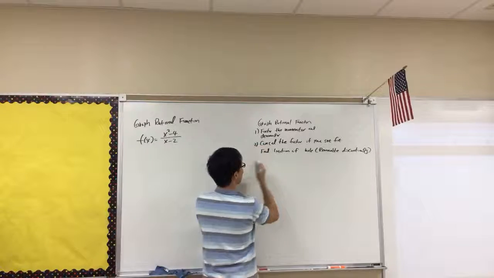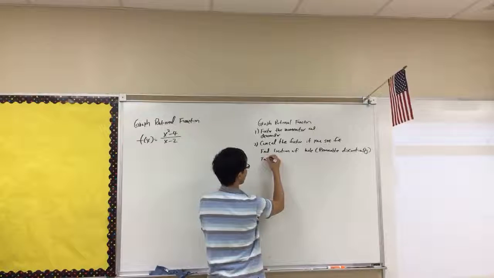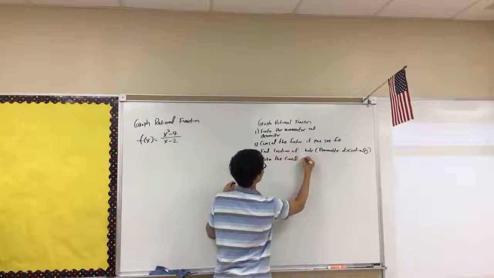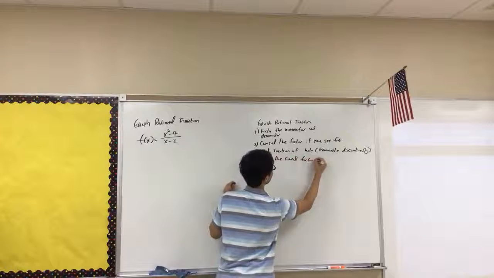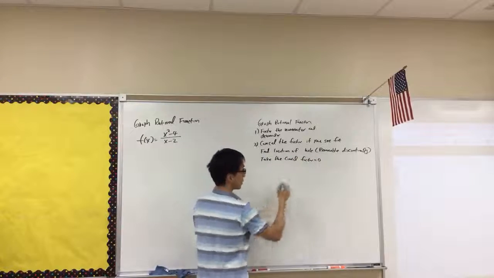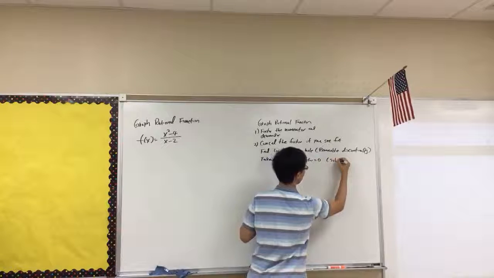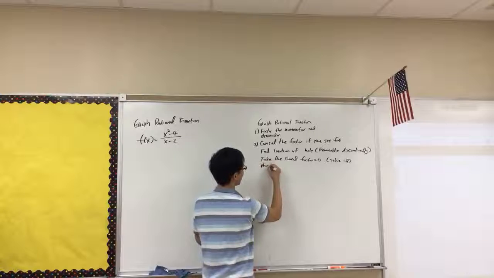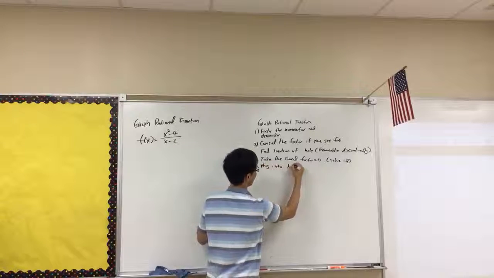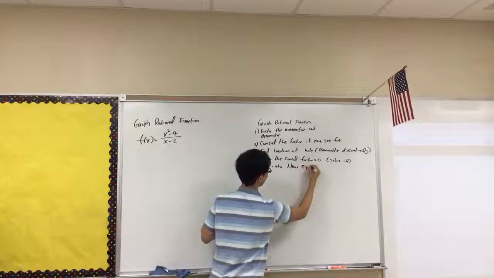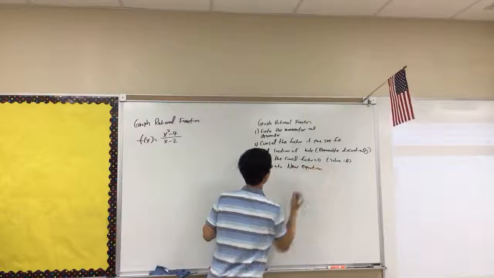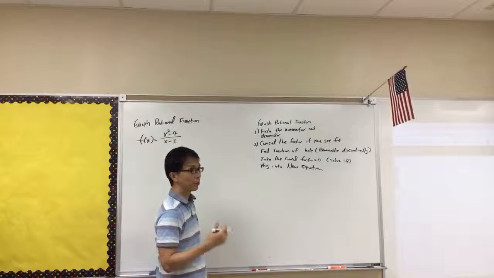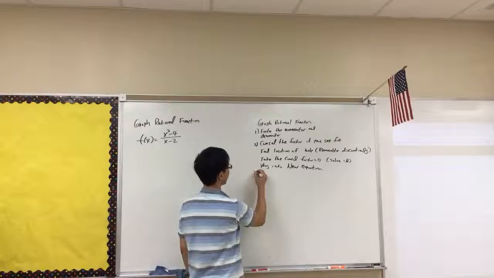You take the canceled factor, set it equal to 0, and solve it. Then plug into the new equation. We're going to talk about that. You can write it down. I'll give you some time to write it down.